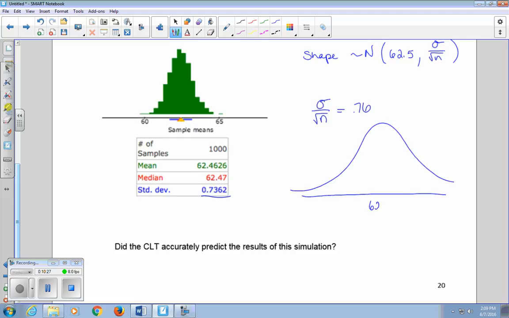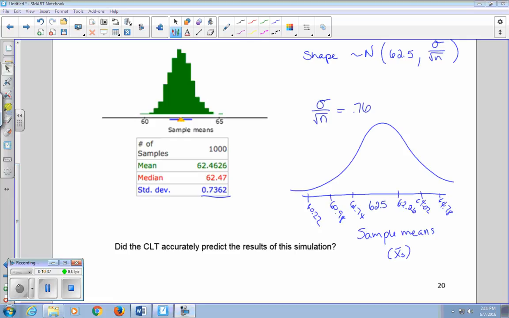It's centered at 62.5. And then we can go up 1 and down 1 standard deviation. And so if we label up 2 standard deviations and 3 standard deviations, we can see that this spread is very similar to what we're seeing over here in the simulated histogram.